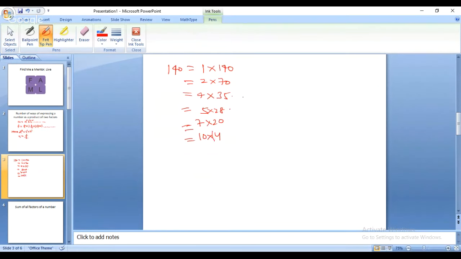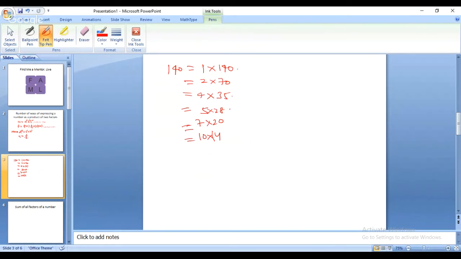We have written them twice, two factors at the same time. So the number of factors is 1, 2, 3, 4, 5, 6, 7, 8, 9, 10, 11, 12. 12 is the number of factors.